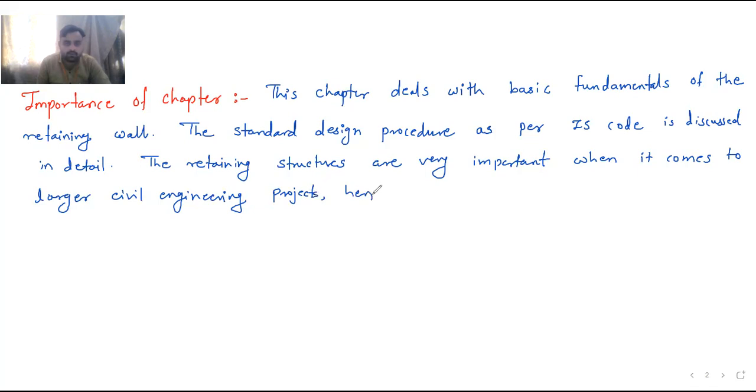Hence, its study is very important. So next thing is the chapter outcome.